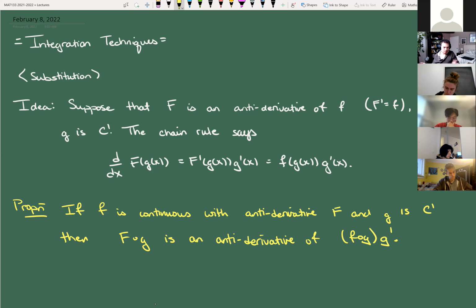And the proof is just literally what we did above. It's the chain rule. Okay, so how do we use this?